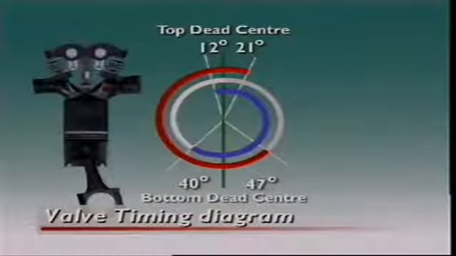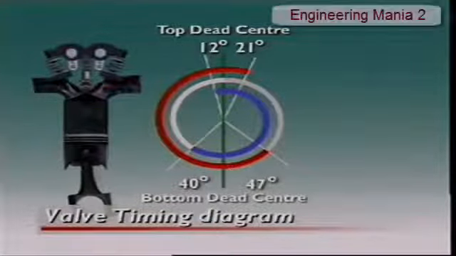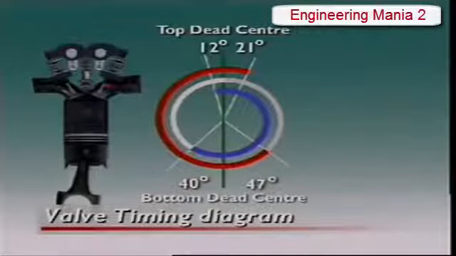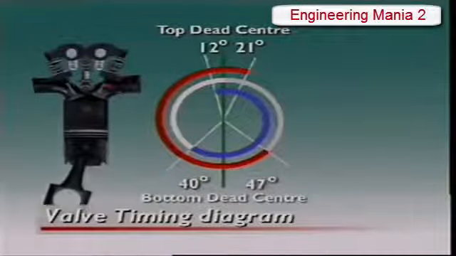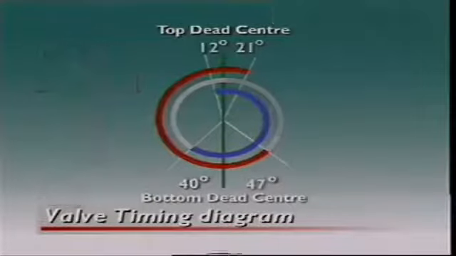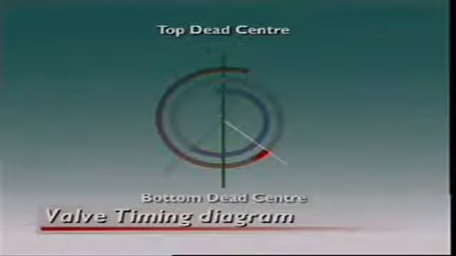By the time the piston is at 47 degrees before bottom dead center on the power stroke, combustion pressures have dropped considerably and little power is lost by letting the exhaust gases have more time to exit. When an intake valve opens before top dead center and the exhaust valve opens before bottom dead center, it is called lead.